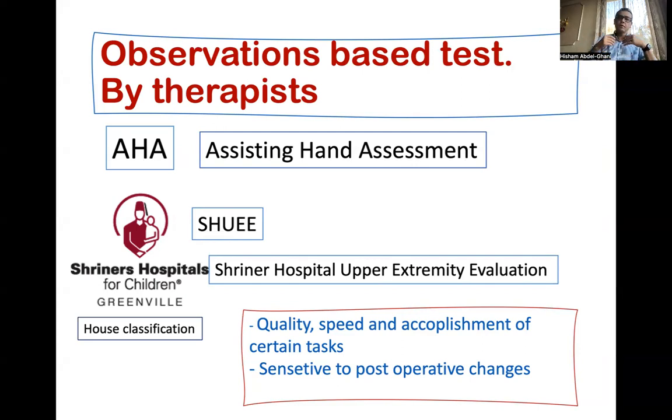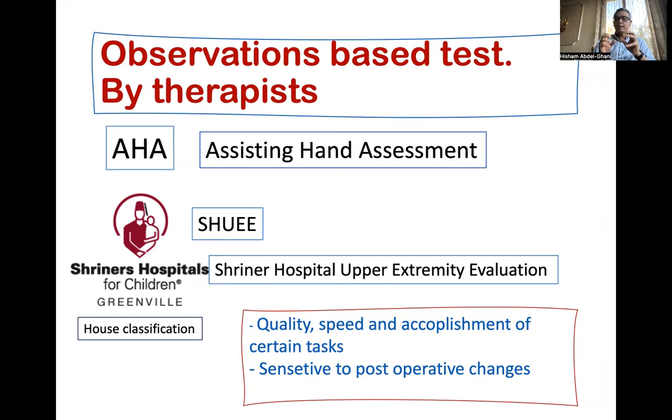There is a long list of observational tests, like the Assisting Hand Assessment and scores like the Shriners Hospital Upper Extremity Evaluation. These tests assess the quality, the speed, and the accomplishment of certain tasks.